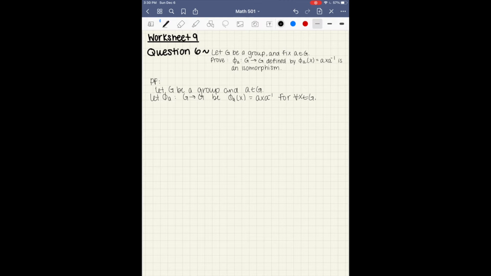So the first thing that you have to do when you prove something's an isomorphism is prove that it's one-to-one. So first let's consider phi A of x is equal to phi A of y, knowing that y is also an element of G. Going back to the definition of the function, we know that phi A of x is equal to A x A inverse, which would be equal to the same thing but now with a y.